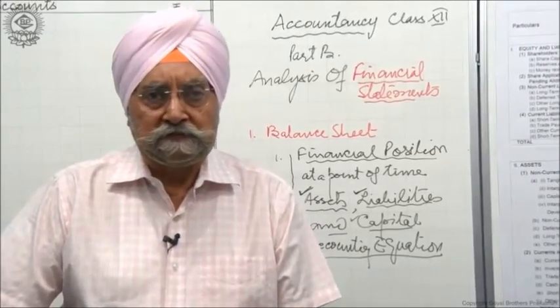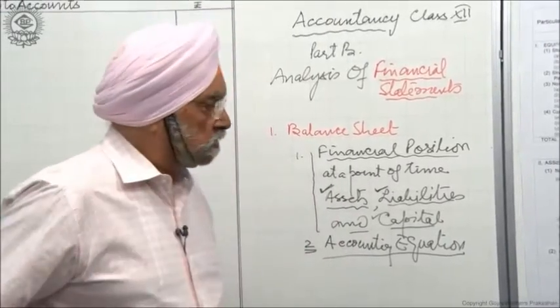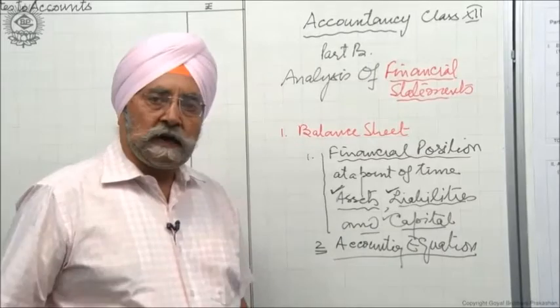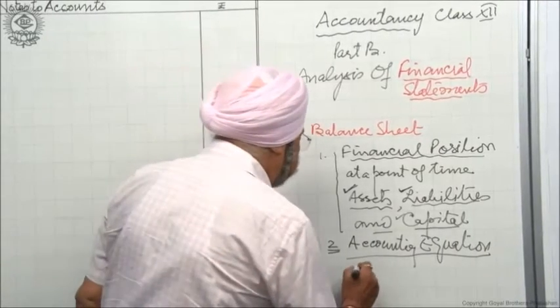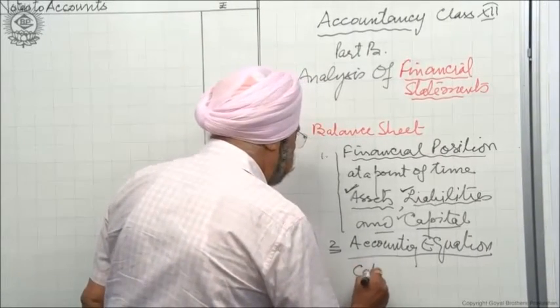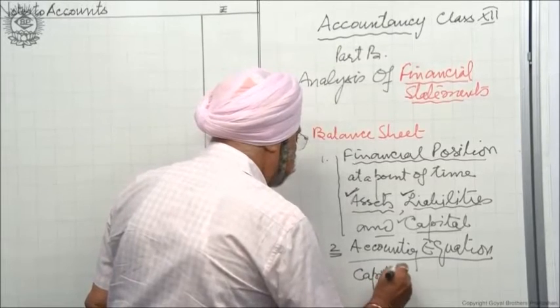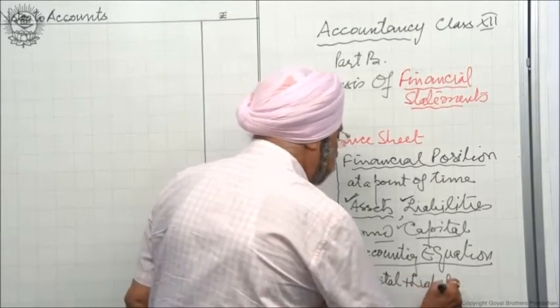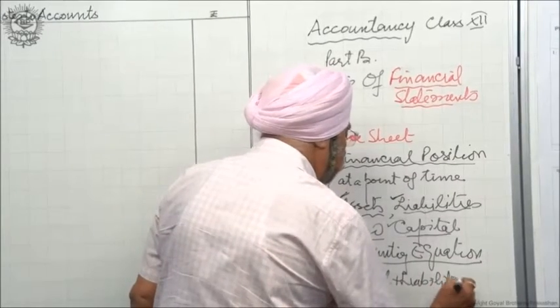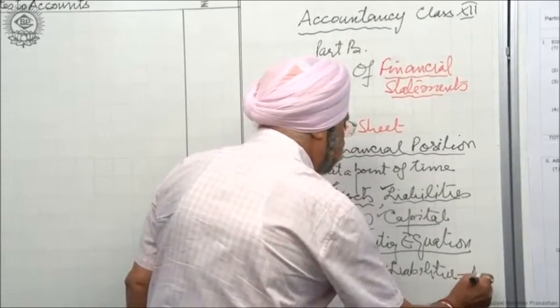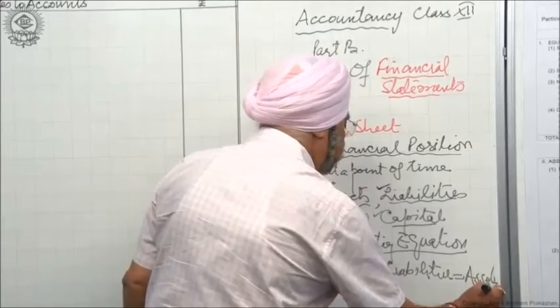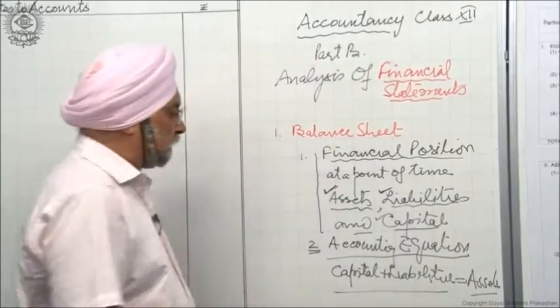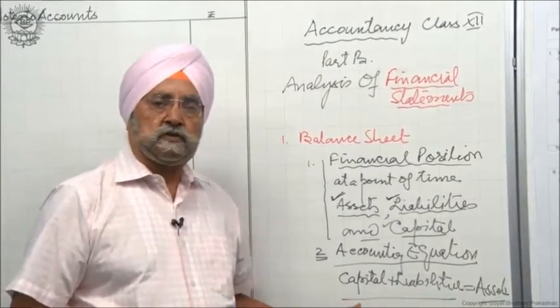Do you remember? The elements of accounting equation were capital plus liabilities, they are equal to assets. So the balance sheet is prepared on the basis of this equation.